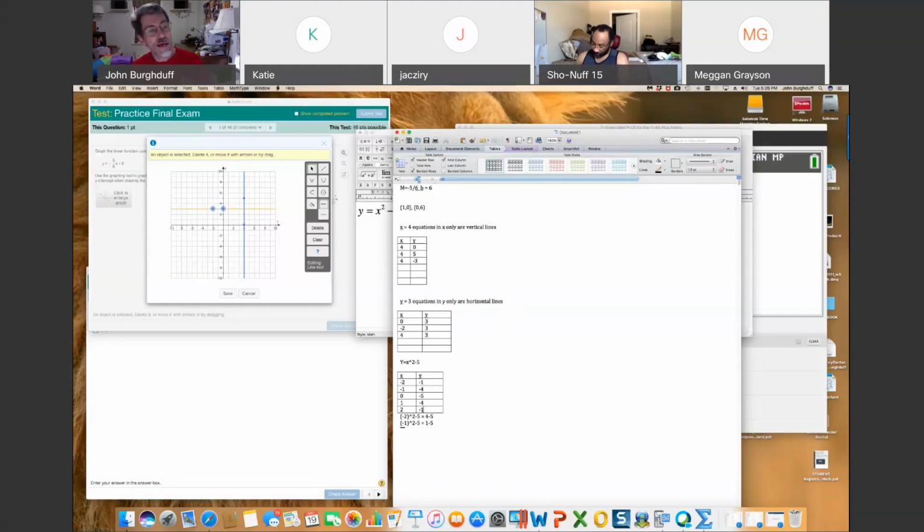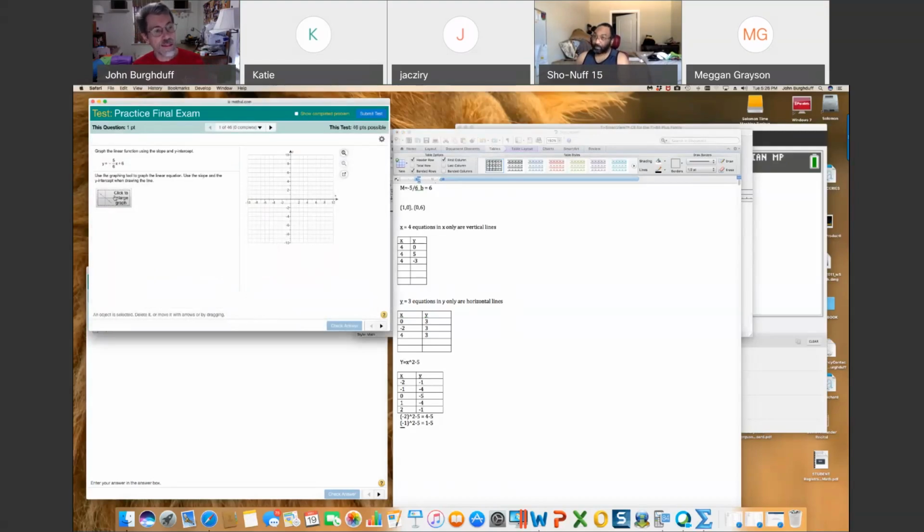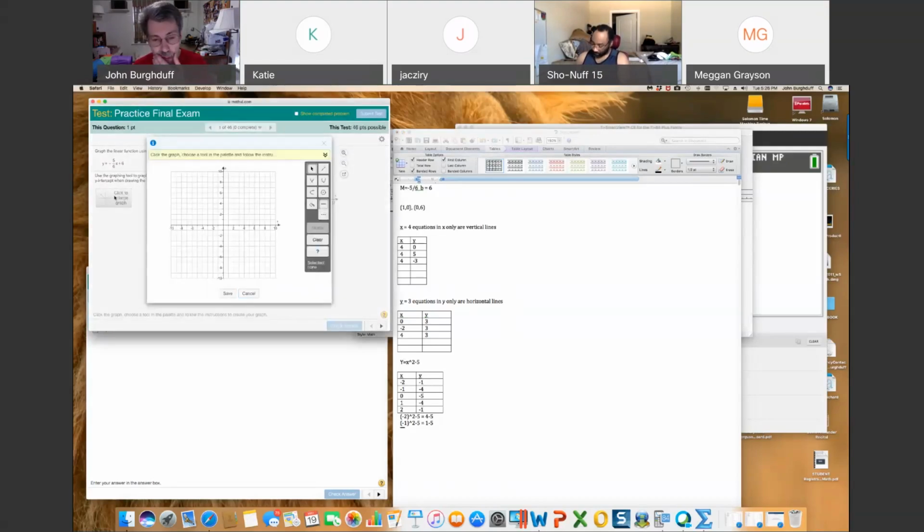So I'm going to go over to my graph paper over here and just kind of, without really drawing anything, just kind of point out where those points are, and you'll begin to see why it's going to be a different shape.